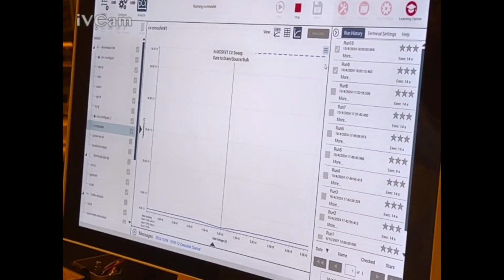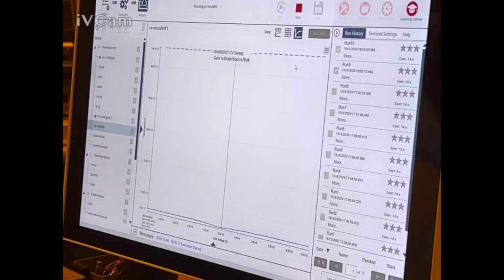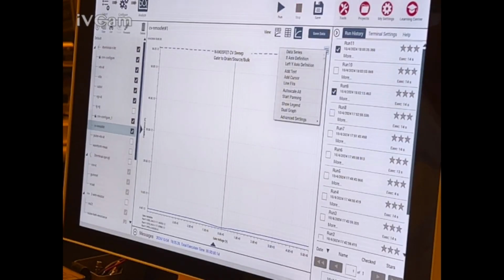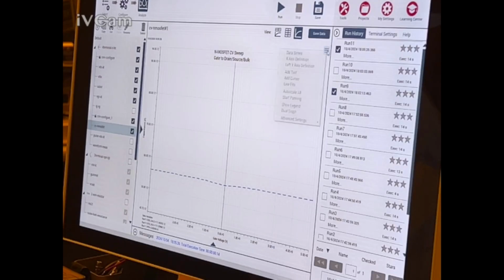So you're running one without the compensation? What the heck is going on here? It's not scaling right. Why is it not scaling right? They're way off.